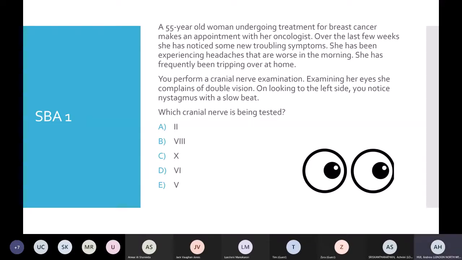She has been experiencing headaches that are worse in the morning. She's frequently been tripping over at home. You perform a cranial nerve examination. Examining her eye, she complains of double vision, and on looking to the left side, you notice nystagmus with a slow beat. Which cranial nerve is being tested?